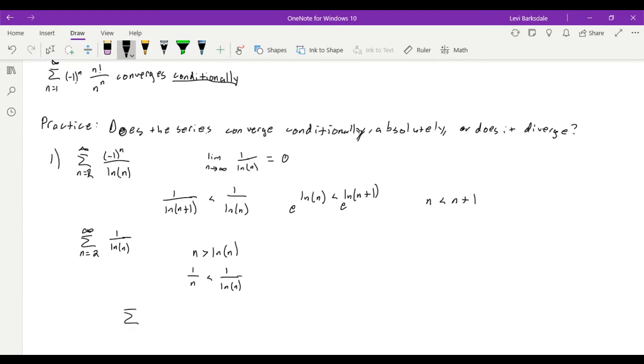But then I know that the sum from 2 to infinity of 1 over n diverges, and because it's smaller, that tells us that the sum from 2 to infinity of 1 over the natural log of n should also diverge. So because the alternating series converges, but the non-alternating series does not, we say that our series converges conditionally.